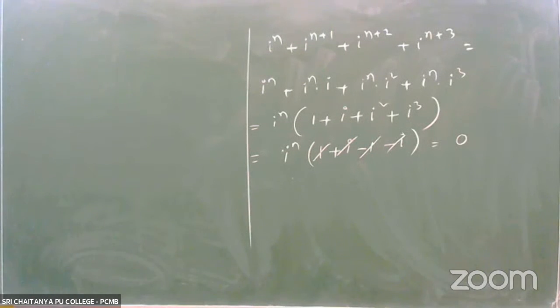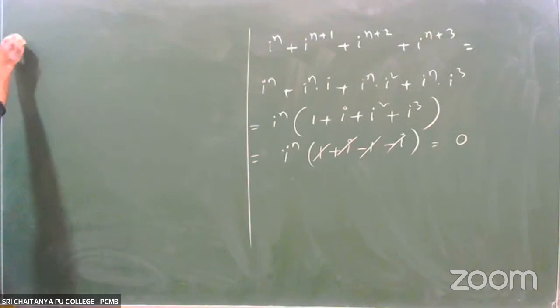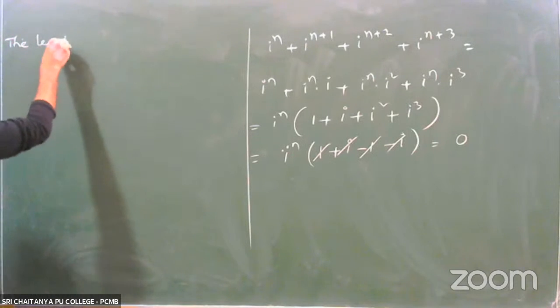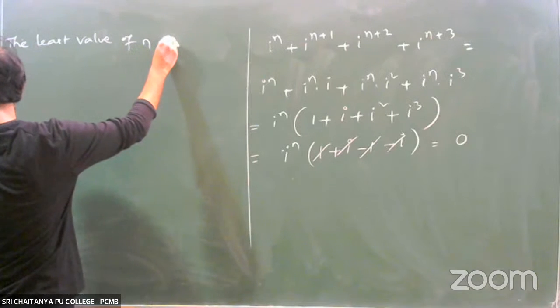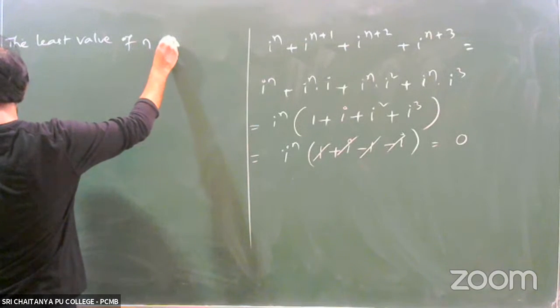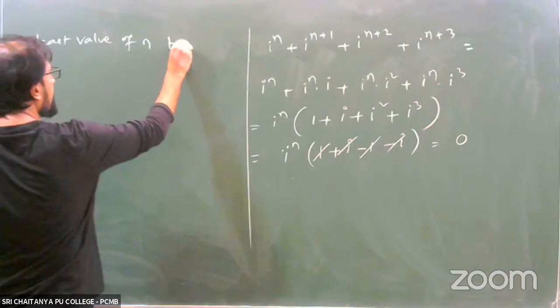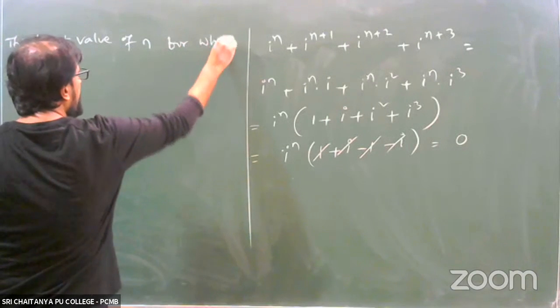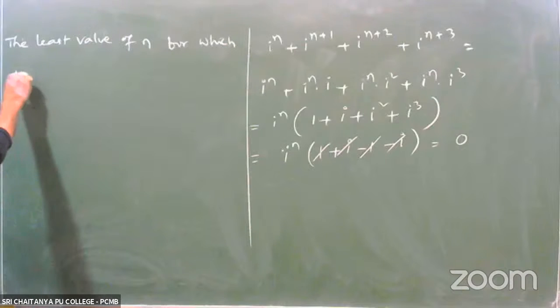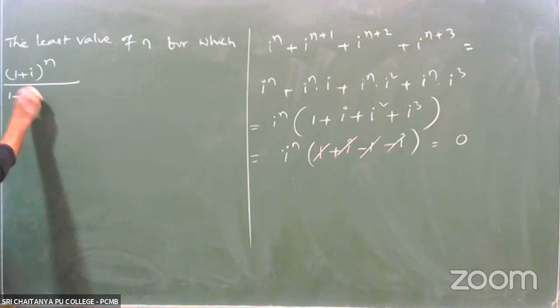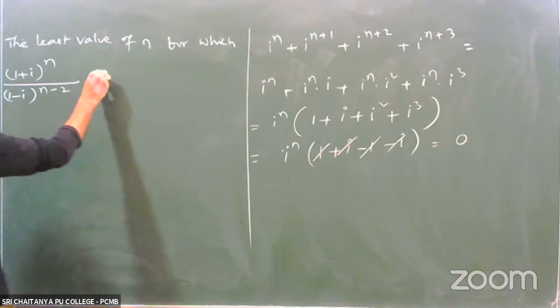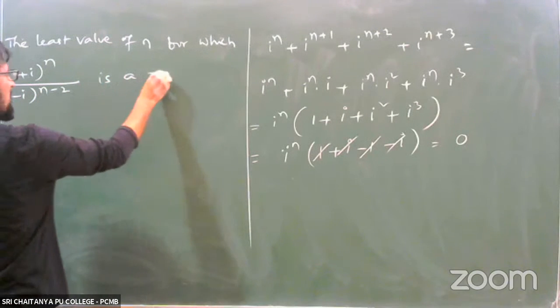Next problem. The least value of n for which 1 plus i whole power n upon 1 minus i whole power n minus 2 is a real number.